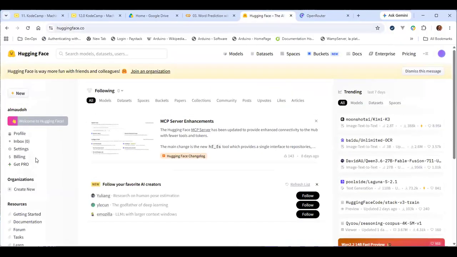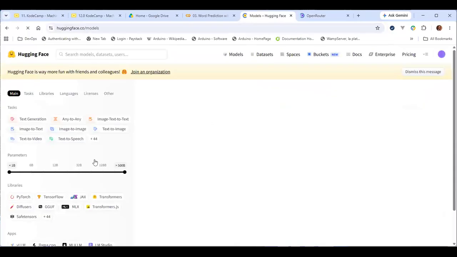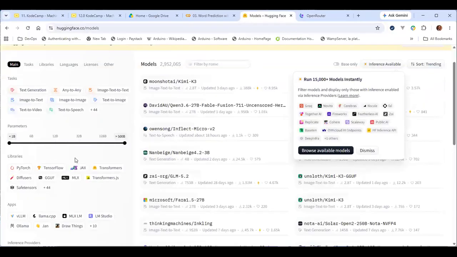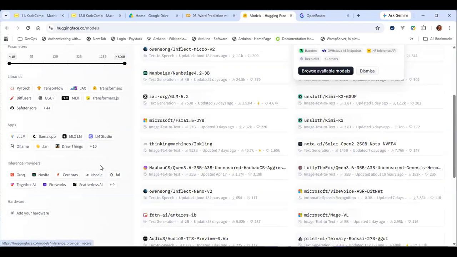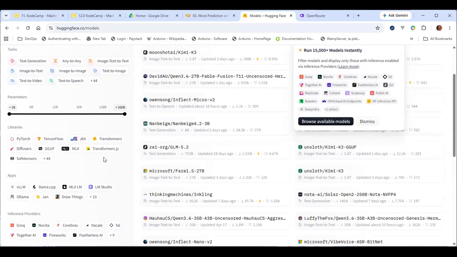Okay. So if you go to models, you will see you can search for them. They usually put them under transformers, right? This allows you to do embeddings.